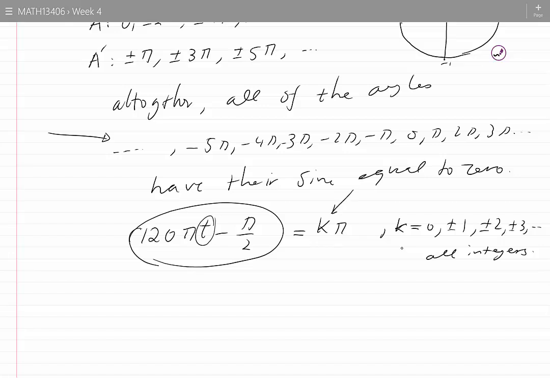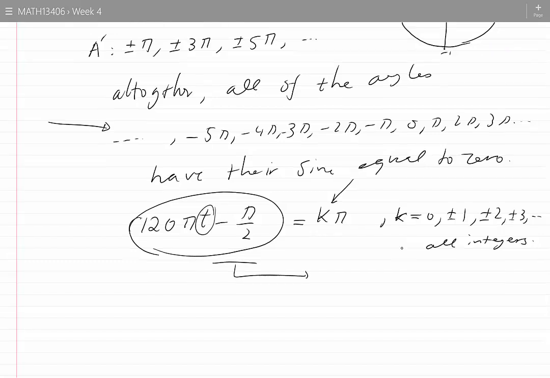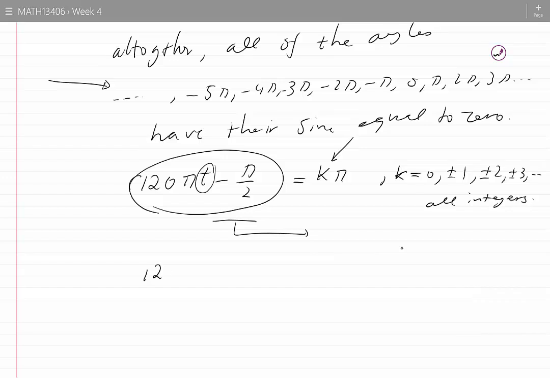If I take minus pi by 2 to the other side of the equation, I would have 120 pi t is equal to k pi plus pi by 2, which I can write as (k plus 1/2) times pi.